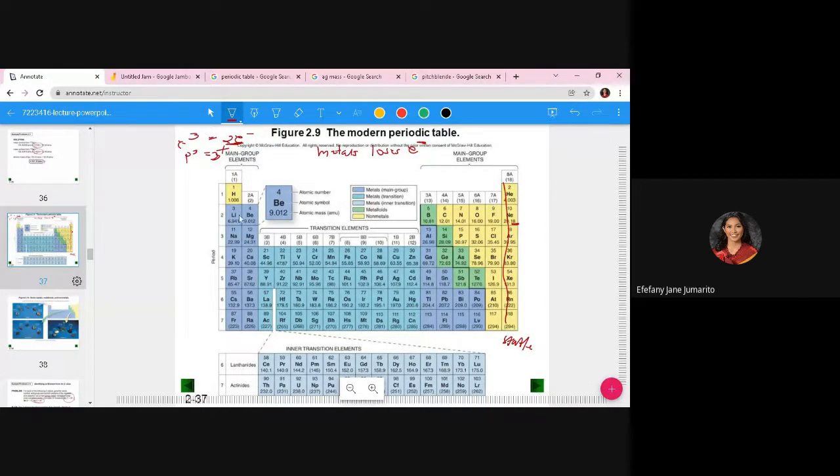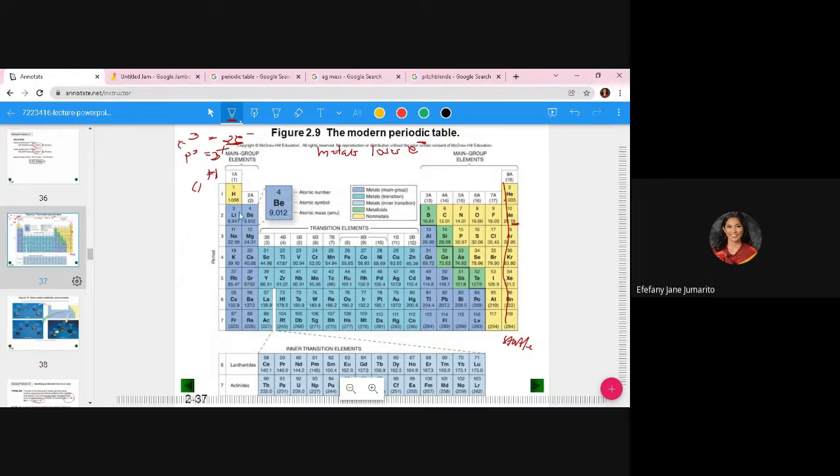So that's why when it loses electrons, mahimo siyang positive, lithium na charge niya positive 1. Positive because mas dominant ang positive charges kaysa sa negative charges, kay nag-lose man siya og isa ka electron.